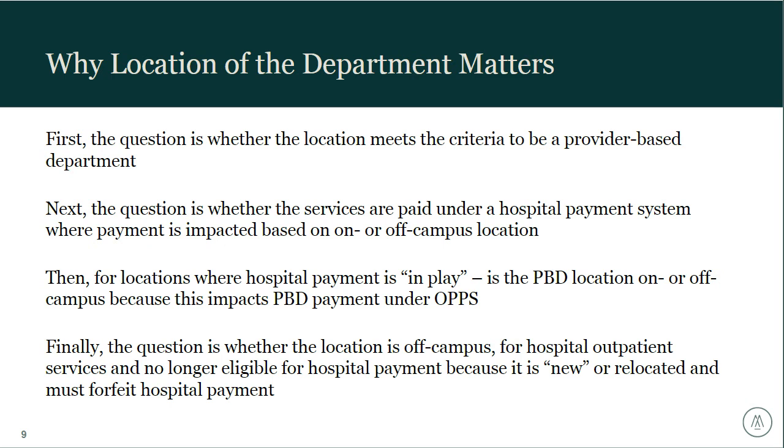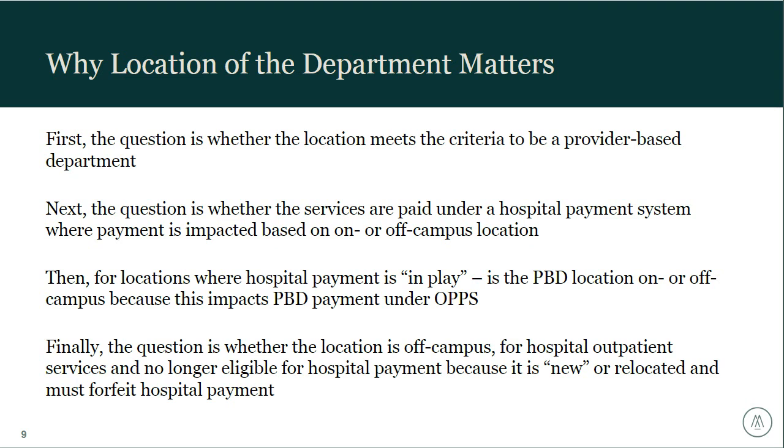So then once you check the box and say, yes, this location not only meets, but we intend it to meet because we want it to be a provider-based department, then the question is whether the services at that location are going to be paid under a hospital payment system. And even if it is paid under a hospital payment system, is the payment rate or dollar amount impacted based on whether the location is defined to be on or off campus to the main provider.